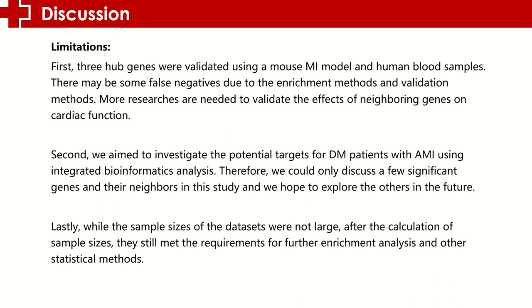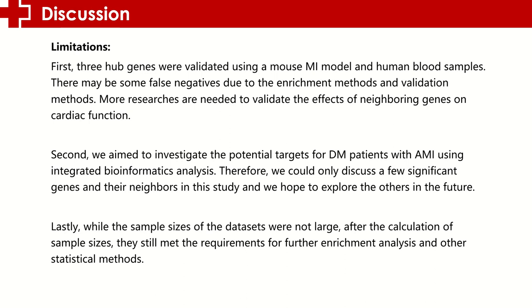Also, there are some limitations. First, the hub genes were validated using the mouse model and human blood samples. However, there are some other neighborhood genes, and due to the enrichment method and validation method, there may be some false negatives. So there's still a need to validate the neighborhood genes. They may also be potential biomarkers.